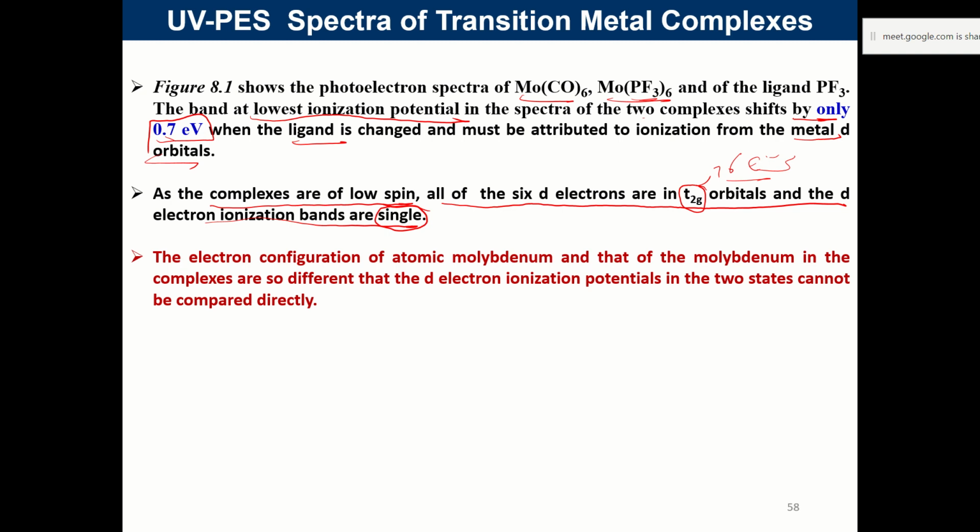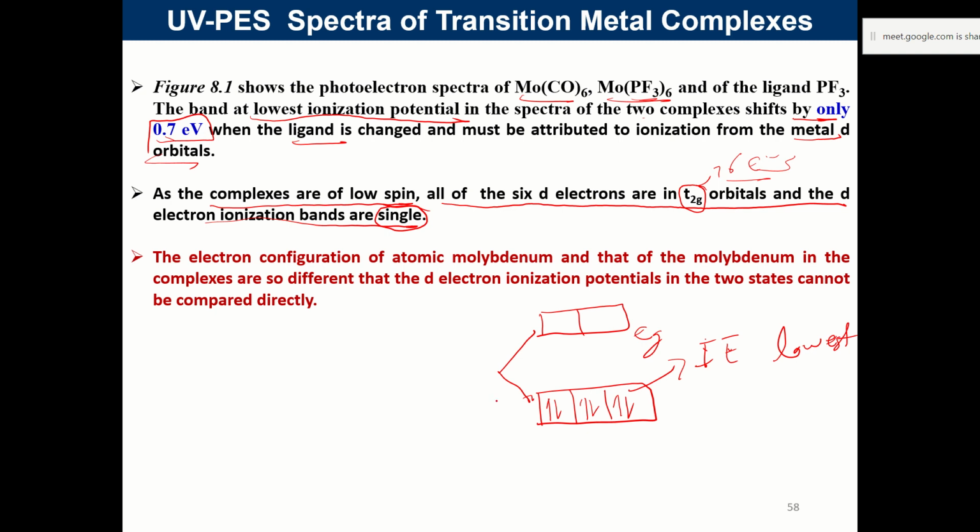So this is the situation. So a single band, and the energy of all of them will be equal. If you are trying to take out any one of those electrons which are in the degenerate state, imagine you have d orbitals EG and T2g with six electrons. So the ionization energy is lowest for this T2G set.